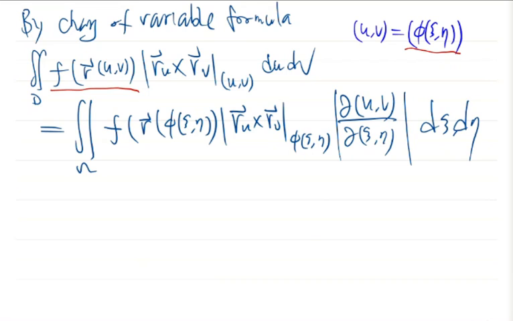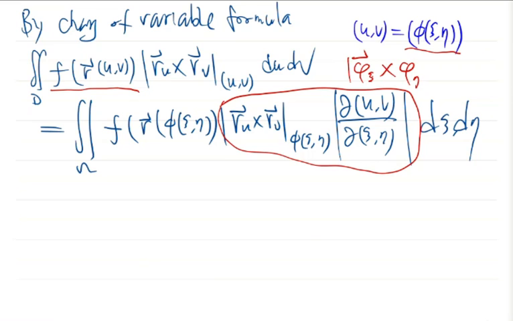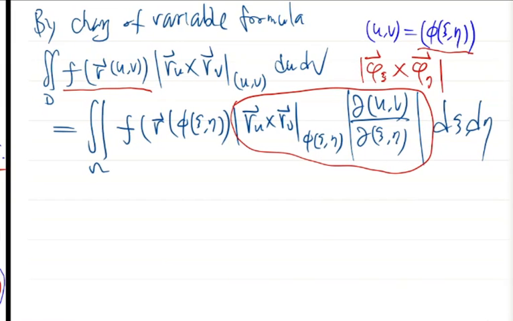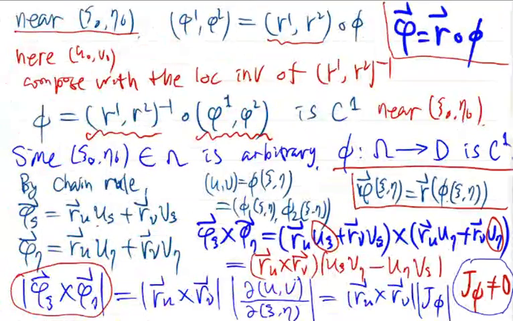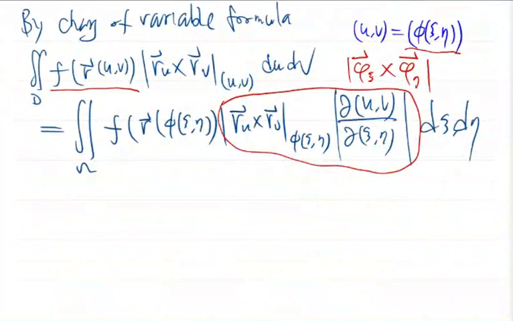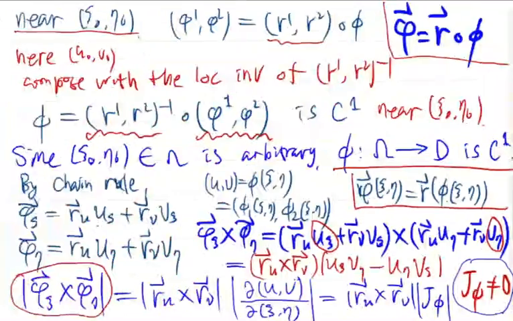But now what's this? By the previous computation, the last line on this page, the norm of the cross product of Ru and Rv multiplied by the Jacobian determinant of (u,v) with respect to (ξ,η) is precisely the norm of phi_ξ cross phi_η.